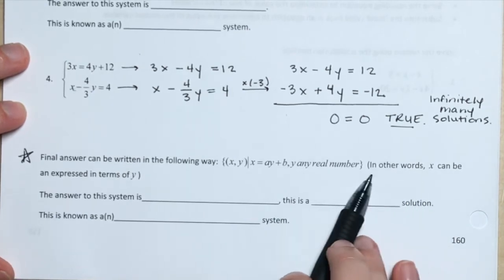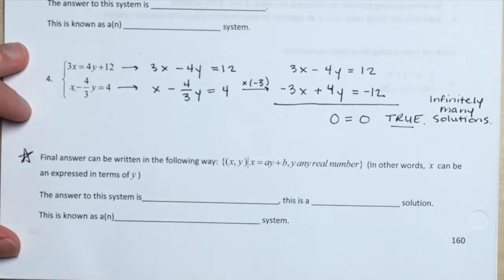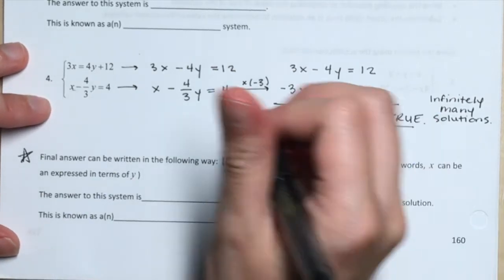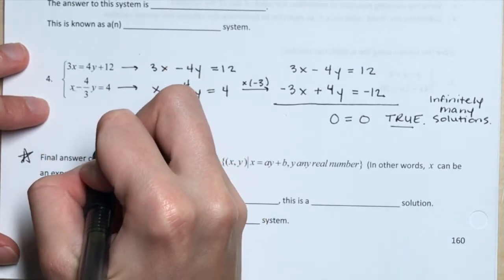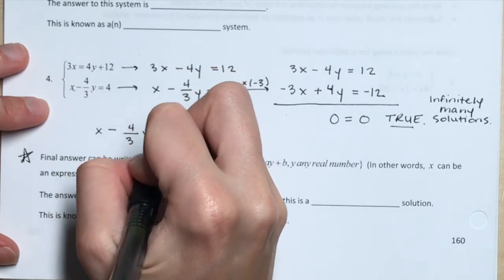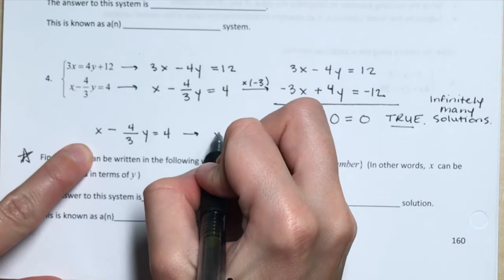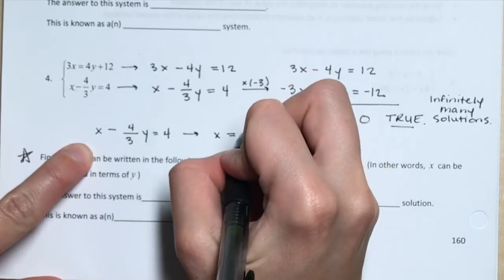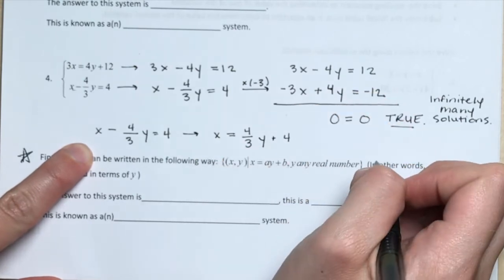And so what this is saying is, in other words, x can be expressed in terms of y. So let's figure out what x is in terms of y. We know that x minus 4/3 y equals 4, which would mean that x equals 4/3 y plus 4.